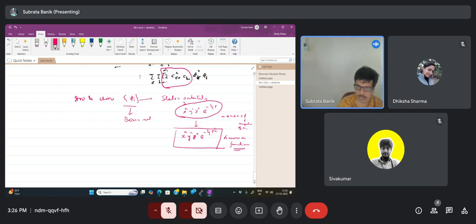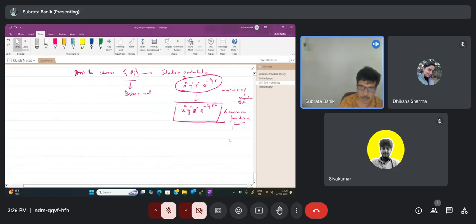Why is this advantageous? You see what I have to do. I have a mu, which is a Gaussian function, and another mu, which is another Gaussian function, with 1 upon r12 and delta mu1 mu2.